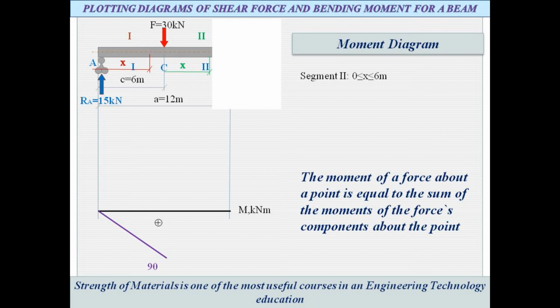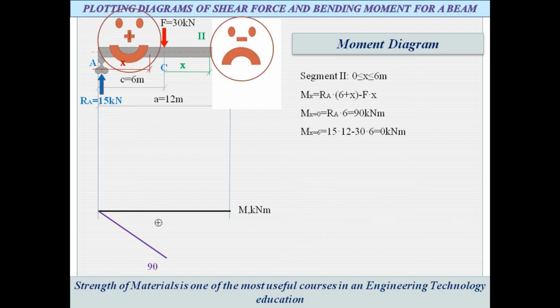Write down the equilibrium equation of the second segment of the beam. There is a bending moment from the support reaction with sign plus and the bending moment from the force F with sign minus, because force F doesn't make the beam smile.